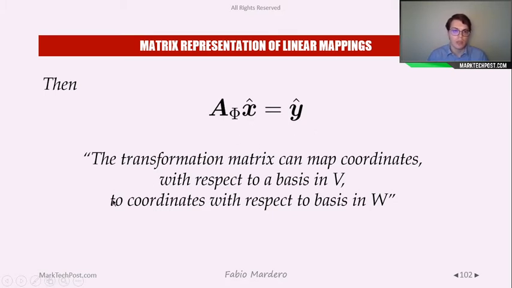So the transformation matrix can map coordinates with respect to a basis. Remember that this A and these coefficients are defined from a basis in V. This comes from a basis B, and the coordinates with respect to a basis in W. Here we have the coefficients of a generic vector y with respect to the basis in W, the C basis that we have selected.